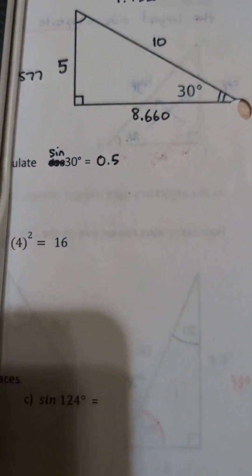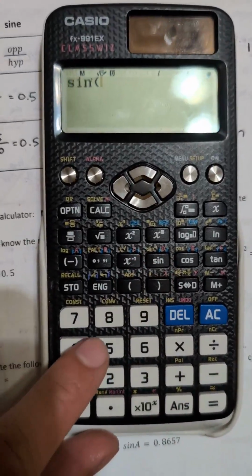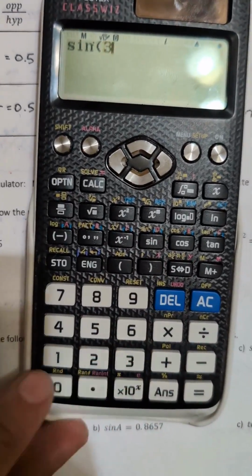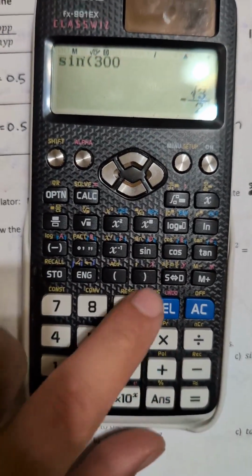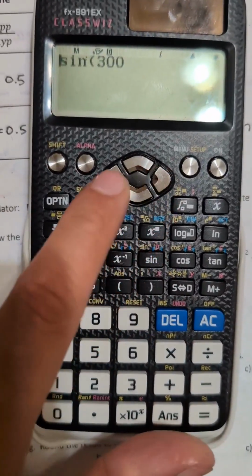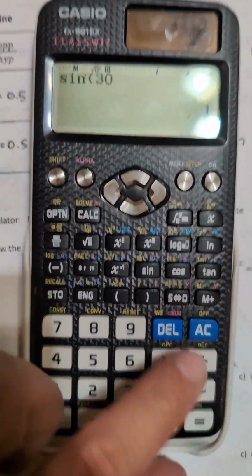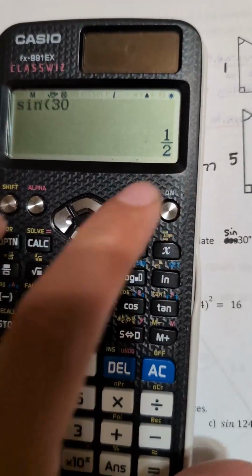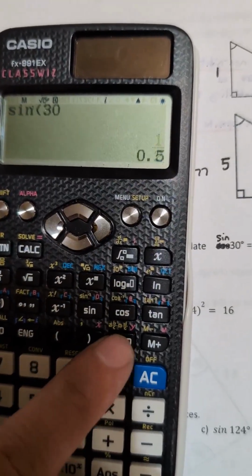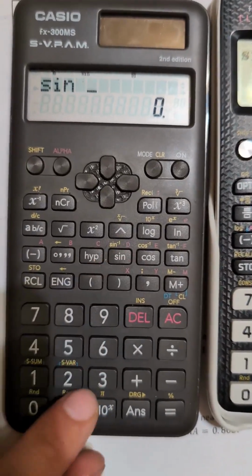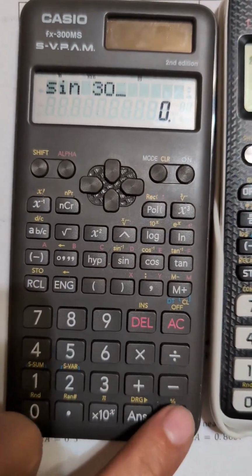And so whether you have a calculator like this, sine of 30, not 300, that gives me 1/2 or 0.5. This style calculator, sine of 30, 0.5.